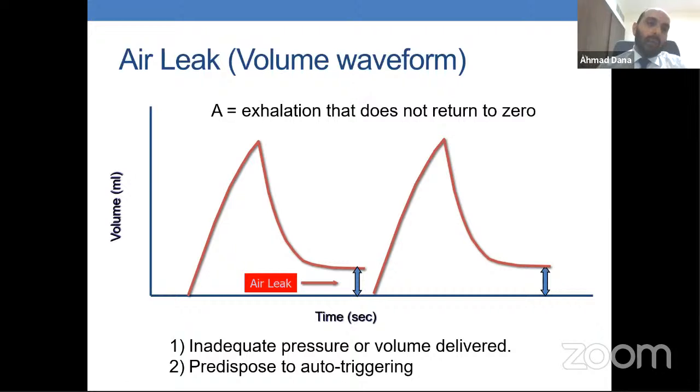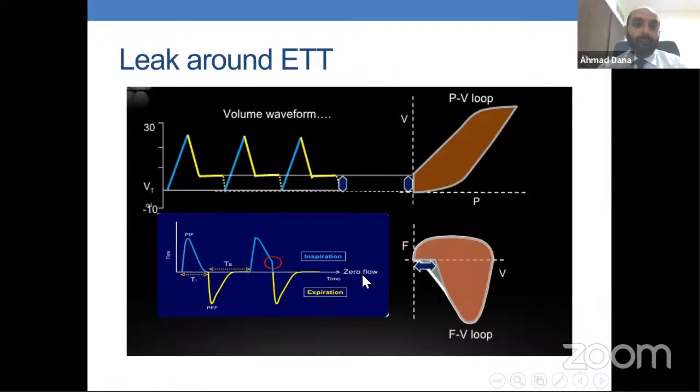Sometimes putting the baby in prone position can adjust the leak. There are machines which can compensate for a leak of around 20 to 30%, not more than this. If the leak is too much, sometimes you are forced to change the tube, because there is no way you can ventilate a baby with too much leak.